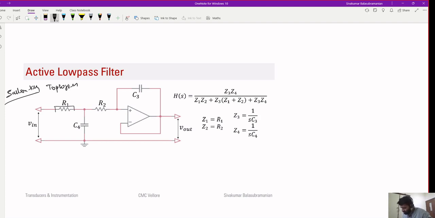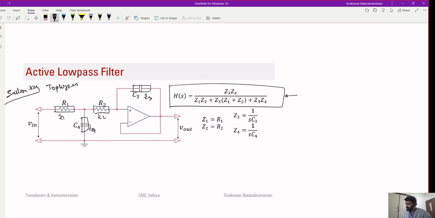If you want the general input output relationship of this particular combination, let's say this is impedance 1, impedance 2, impedance 4, and impedance 3, the input output relationship in the frequency domain is given by this. Okay. Now here, if you simply substitute for Z1, Z2, Z3, Z4 to be these and derive H(f), then the H(f) that you'll end up getting will behave like a low pass filter.